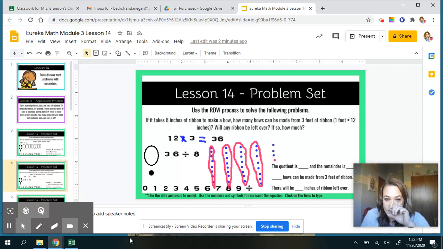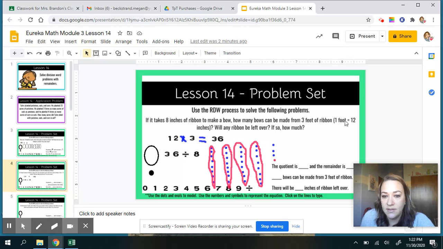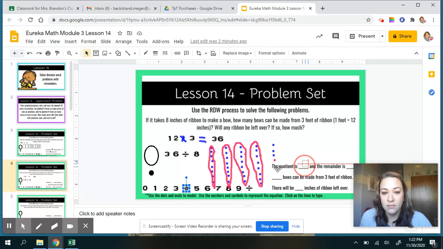Okay, so now it says how many bows can be made from 3 feet, which was 36 inches. How many bows could we make? We were able to make 1, 2, 3, 4. So our quotient, the answer to a division problem, is your quotient. So the quotient was 4. We were able to make 4 equal groups.